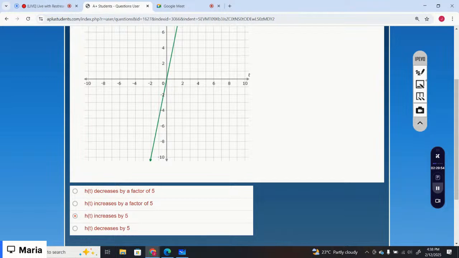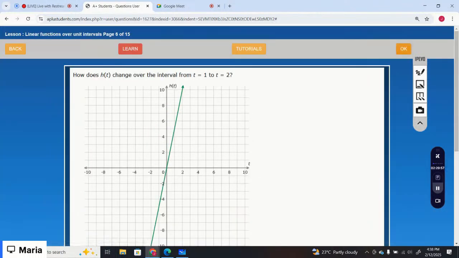That is increases by 5. Option number 3 is the correct option.